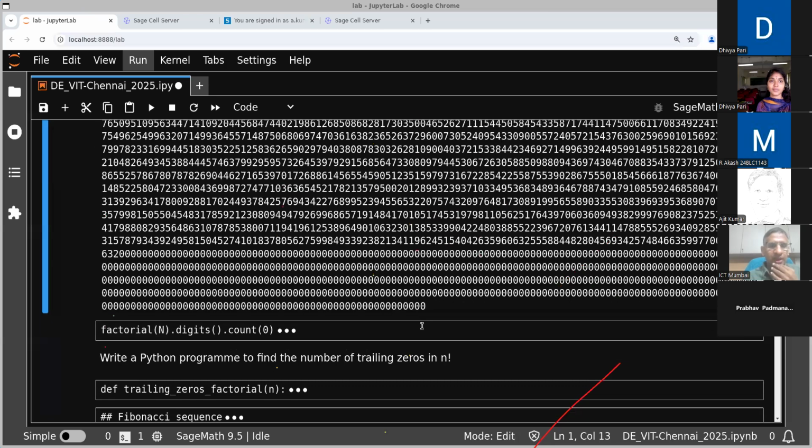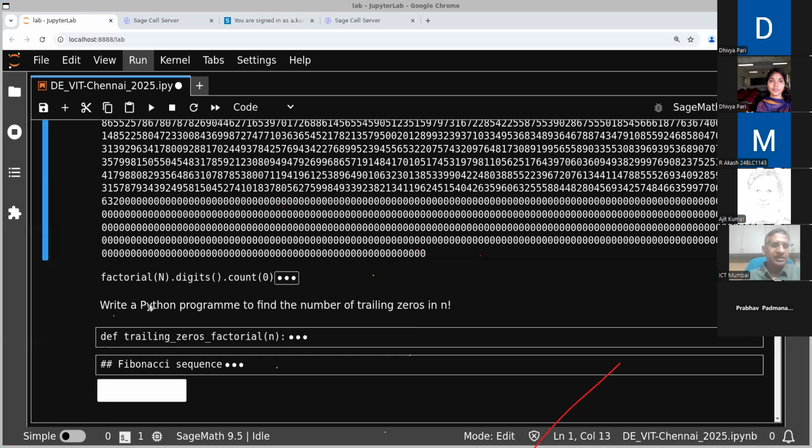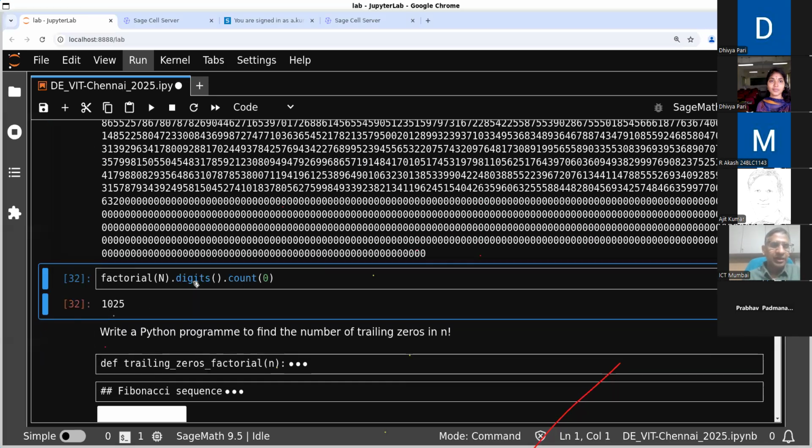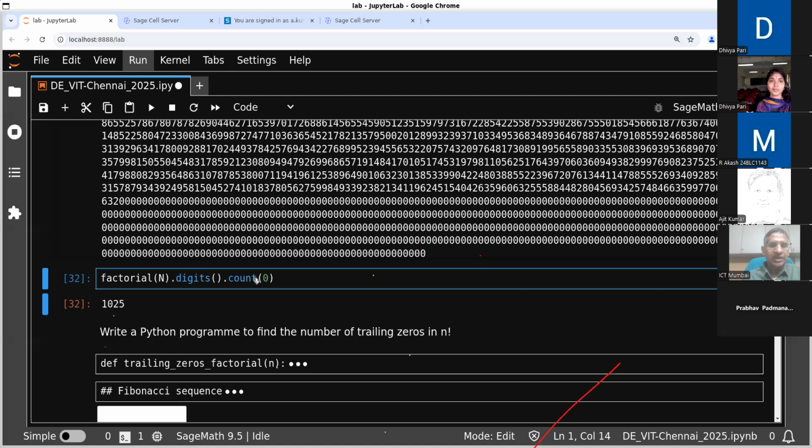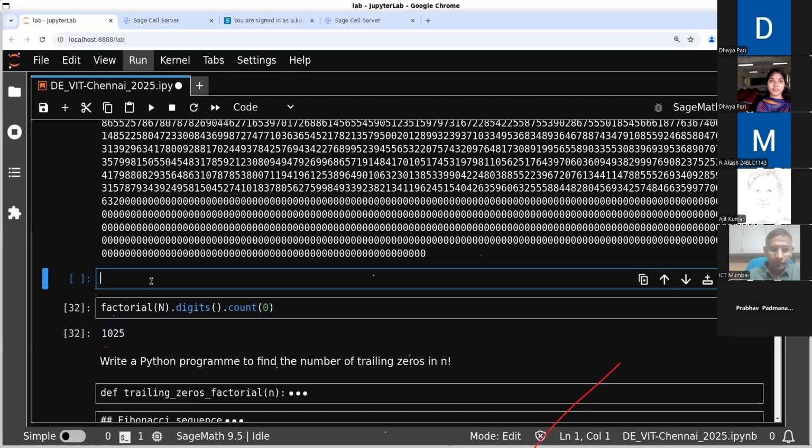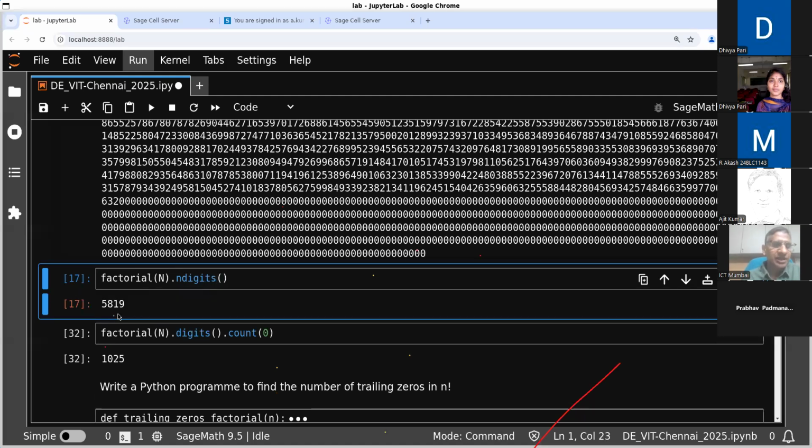And you can even count how many digits are there. So I can say factorial capital N, and we already saw a function called n digits, number of digits, right? So this has 5819 digits.